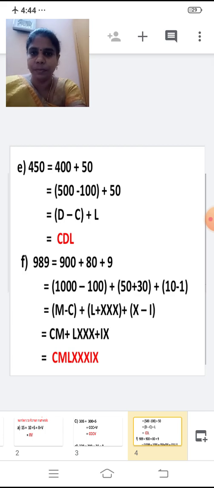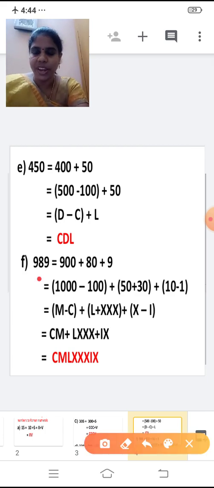Yes, F sum, 989. Now write in the expanded form, 900 plus 80 plus 9. Now how will you split 900? We don't have a Roman numeral for 900.